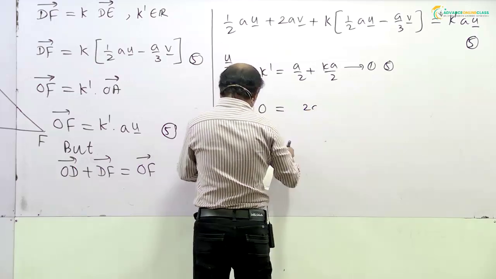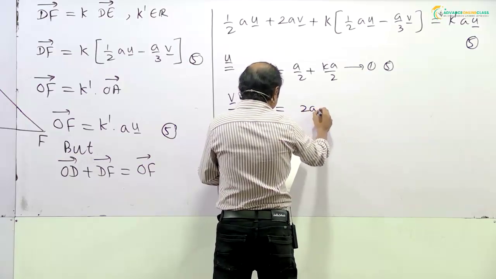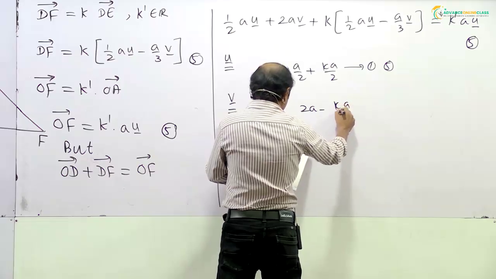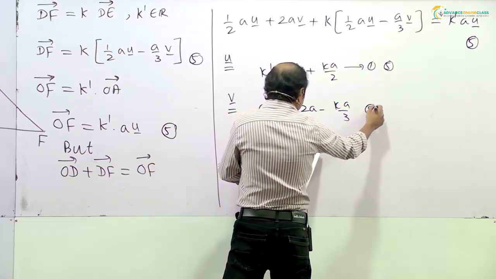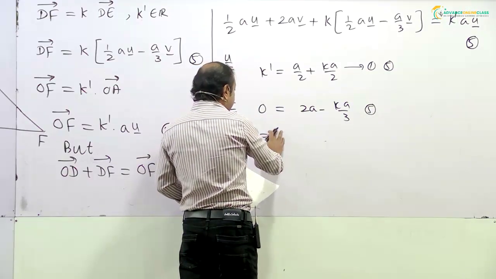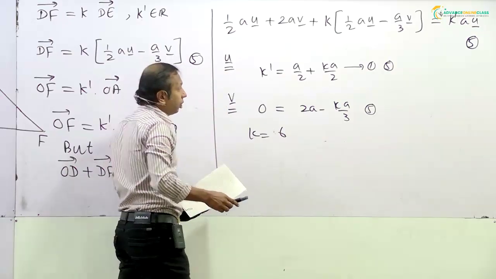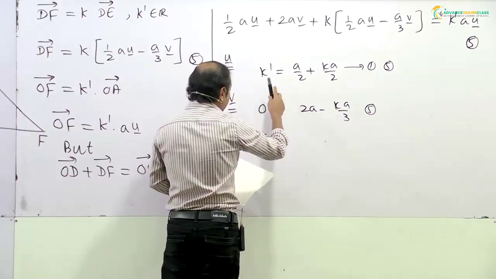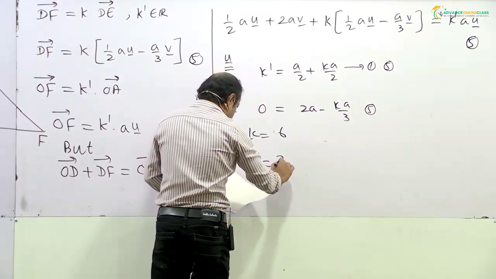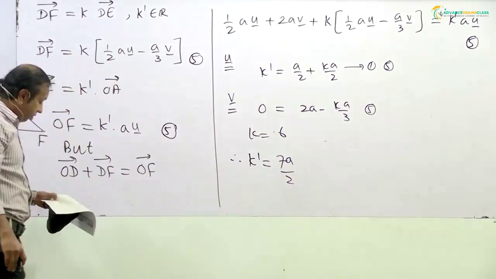It comes as 2A minus KA by 3, 5 marks. By this, we get K equals 6. When you put K equals 6 here, we get K dash. Therefore, K dash we get 7A by 2.